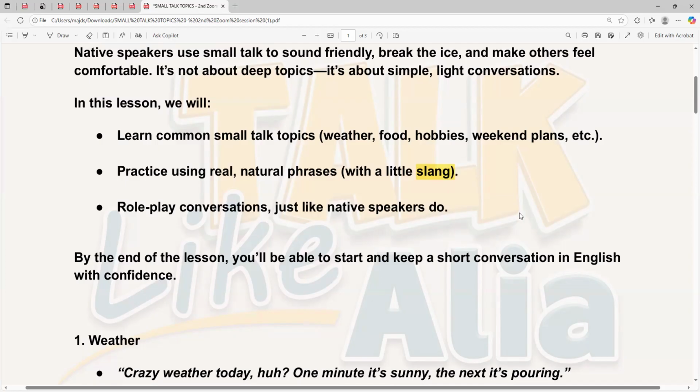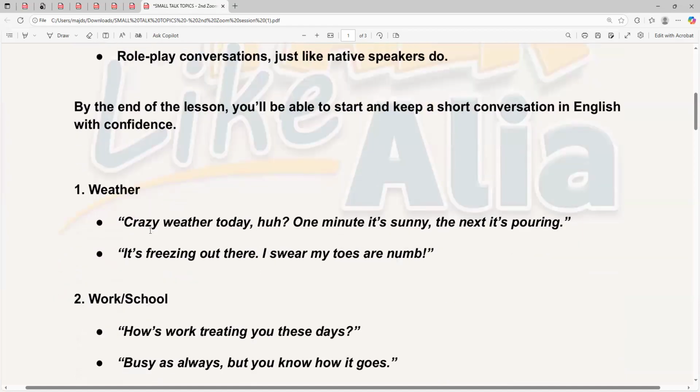We know how to speak Arabic, al-Fusha, but we're speaking Jordanian accent, the spoken language that is daily use. This is what a course like Talk Like Alia is about, to give you more slang, more natural conversations, phrases, sentence starters, so you can keep on talking to sound more native-like, okay? So we're going to be doing role play conversations just like what the native speakers do.